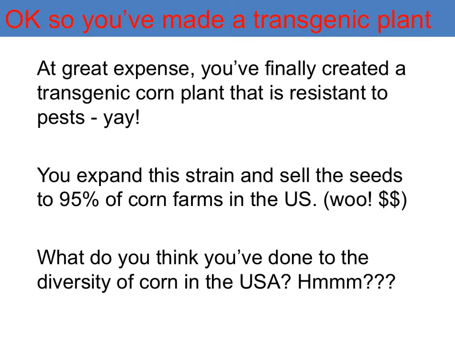So one of the problems with an organism with no diversity, it may be really good growing it, let's say this banana, in the right conditions. It has better yields and all that.